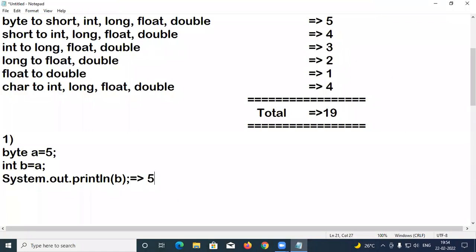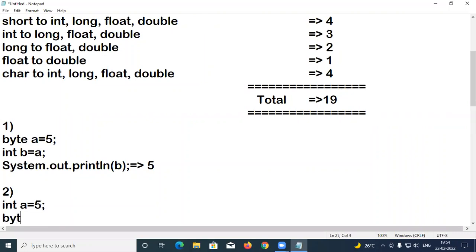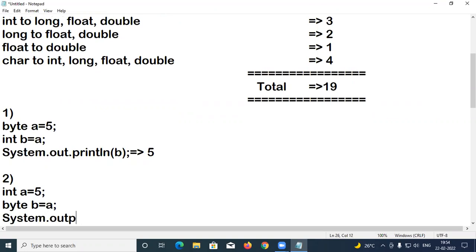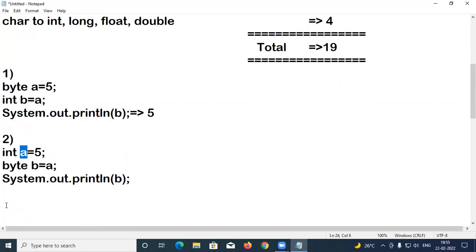Now, suppose the second one. You observe. int A equal to 5. byte B equal to A. System.out.println(B). Here A is int type, B is byte type. So it is int to byte.